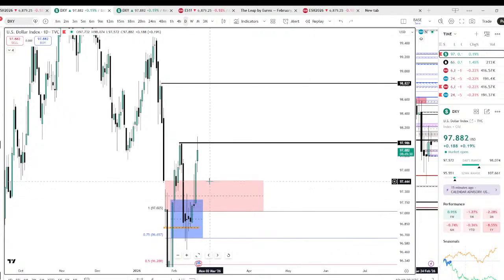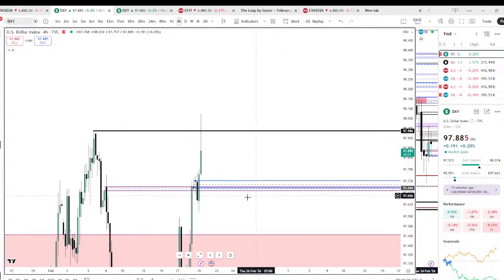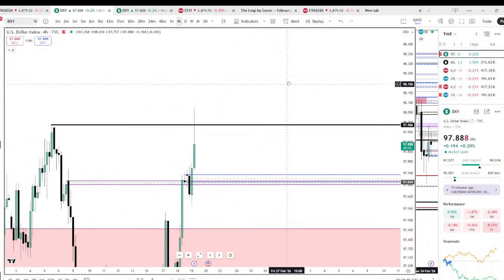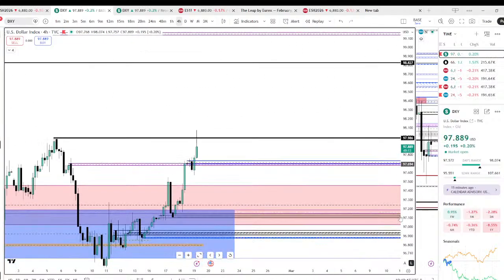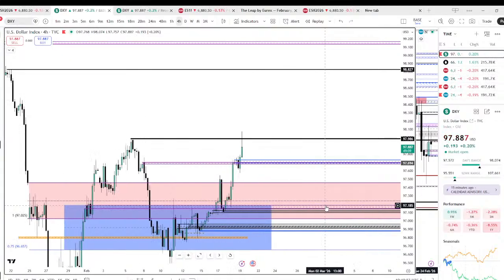Might want to drop it down. Midweek opening gap, new day opening gap, cluster. Price should return back into this area before moving higher, in my opinion. But yeah, that's what I'm looking at.